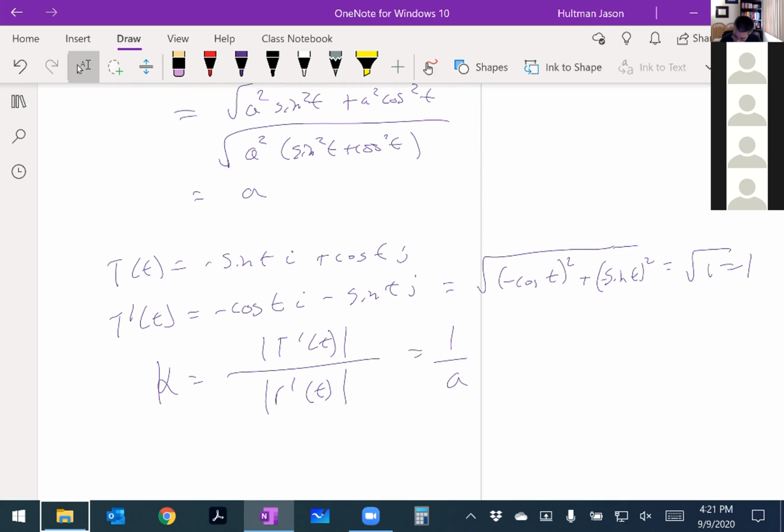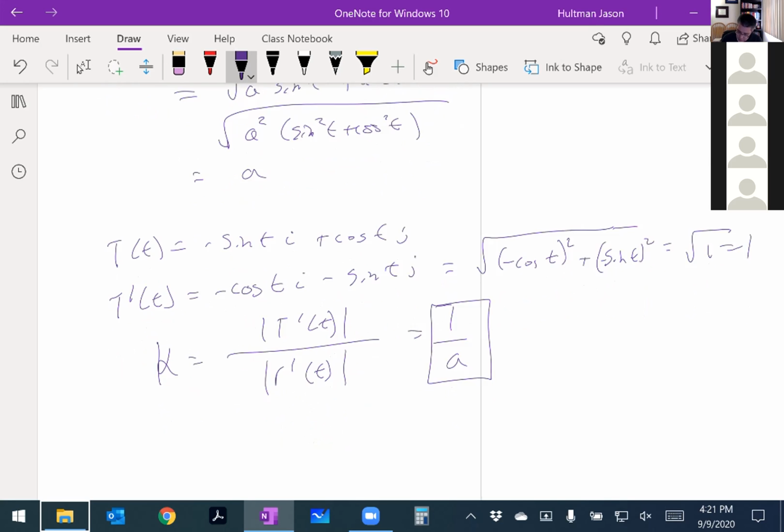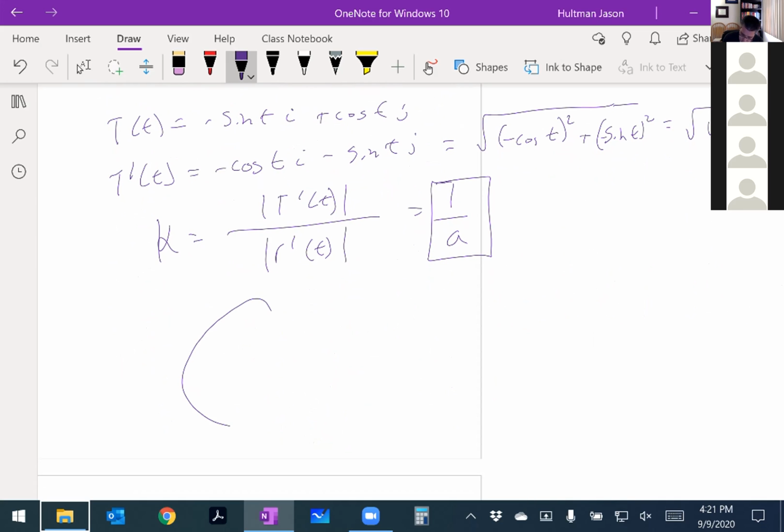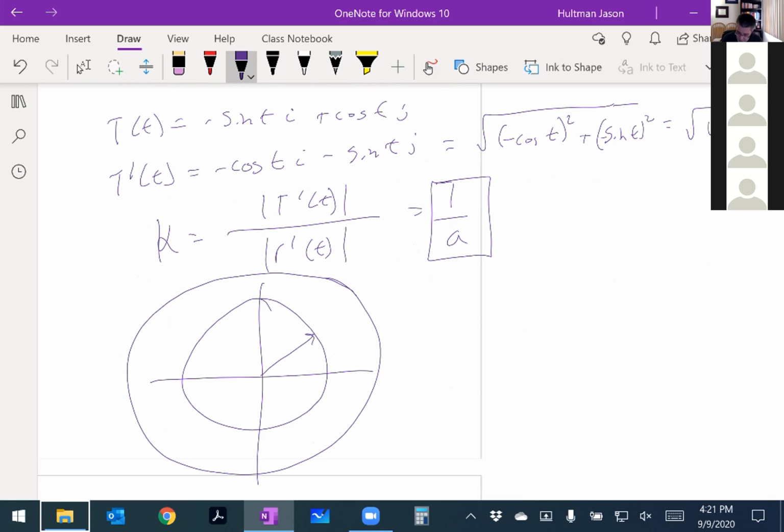Now, does this make sense? If we think about a circle, as the radius gets bigger, what happens to the circle? Well, it becomes less curvy, right? A really big circle is not going to be very curvy.